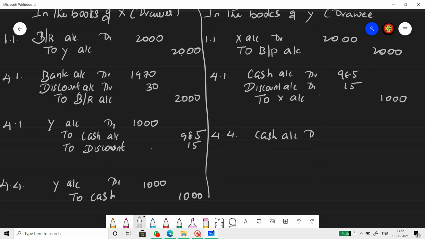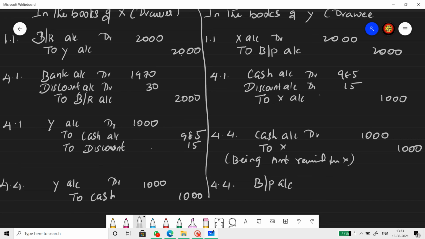Cash account debit to X account, being amount received from X, which is 1000 and 1000. Now on 4/4, Y honors the bill. So BP account debit to cash account, 2000.